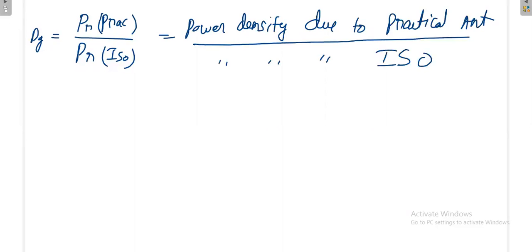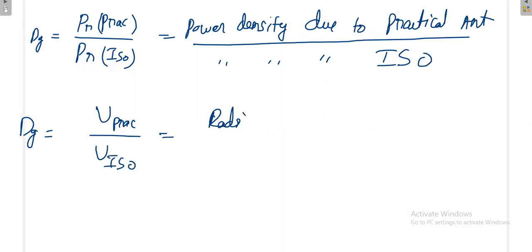Or otherwise you can also write it as the radiation intensity due to the practical antenna divided by the radiation intensity due to the isotropic antenna.